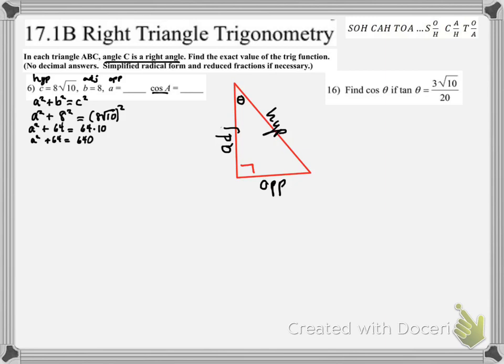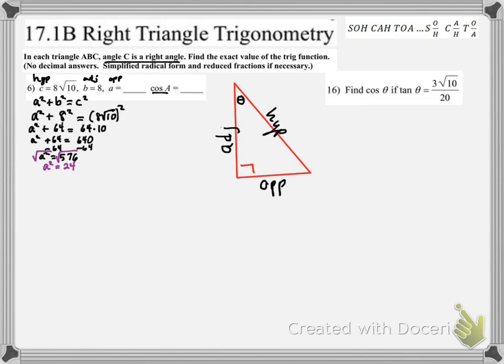I need my a squared by itself, so I'm going to subtract 64 on both sides. That leaves me with a squared equals 576. And I think that's a perfect square. Let's use the calculator to check that one out. Turns out a equals 24.